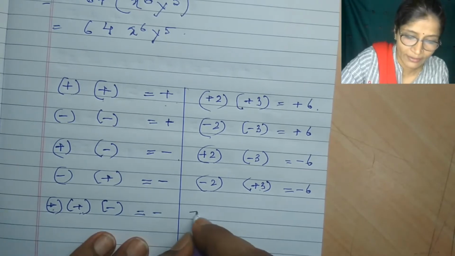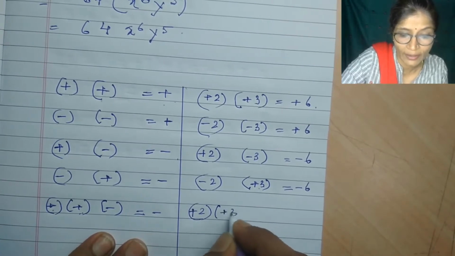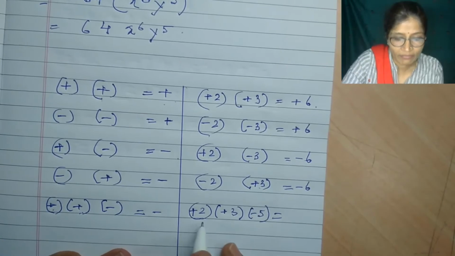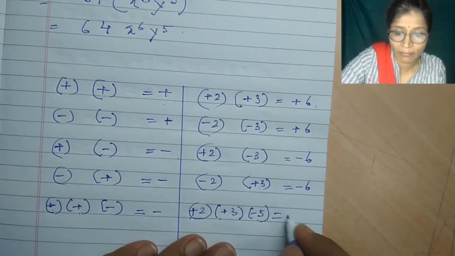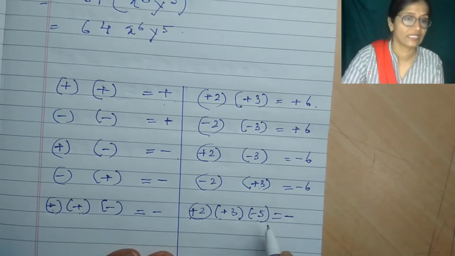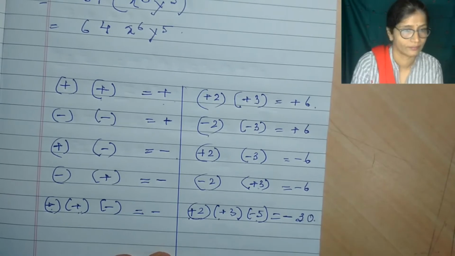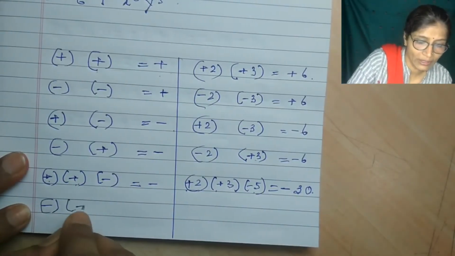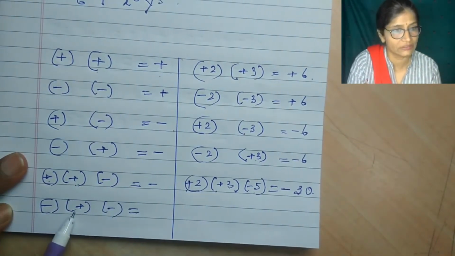For example, plus 2 plus 3 into minus 5. Then what will be the value? Plus into plus is plus, then plus into minus is minus. So 3 twos are 6 and 6 fives are 30. Again, suppose minus into plus into minus, then what will it be? Minus into plus is minus.